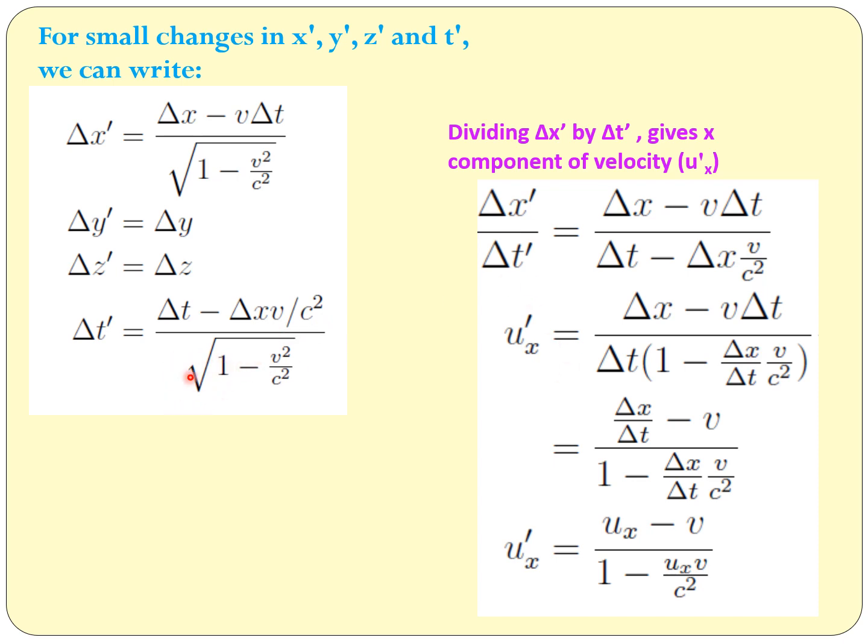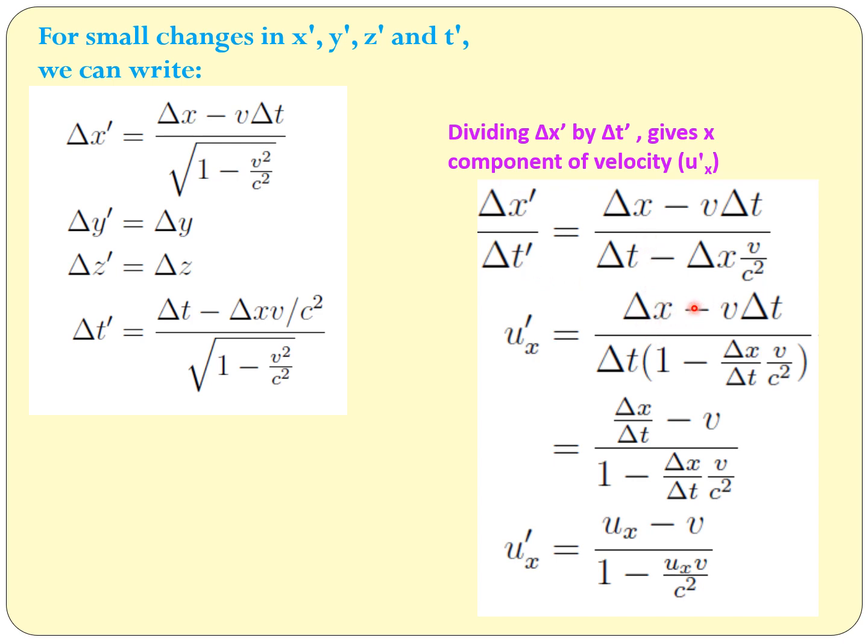So this factor, 1 minus b square by c square under root, will cancel out. We will have delta x minus b delta t divided by delta t minus delta x into b by c square. And delta x prime by delta t prime we can write as ux prime, because it is dx prime by dt prime. This is the velocity in S prime frame.